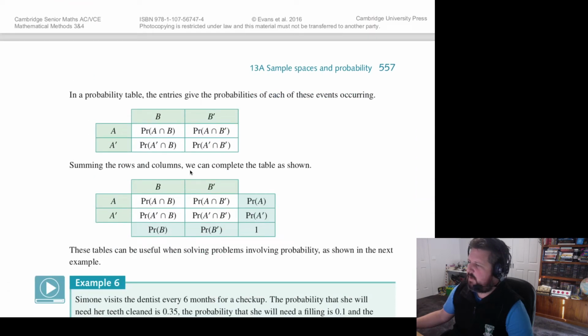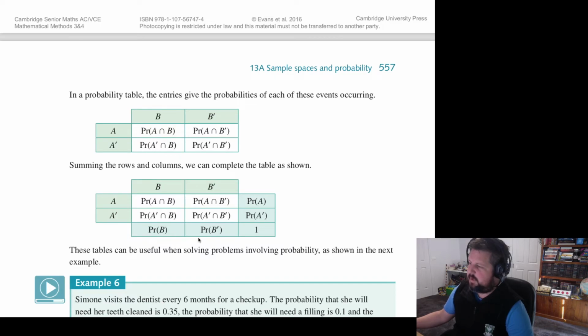Again, that can be expanded upon whereby you're going to get the total of A listed here, the probability of not A over here, probability of B listed down here, probability of not B listed here. And also note that the total of getting both probability of A and not A is 1.